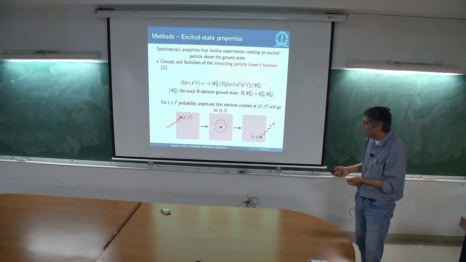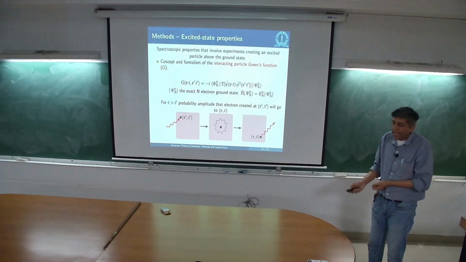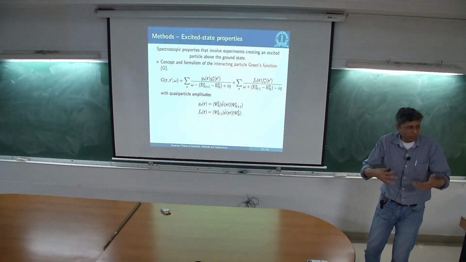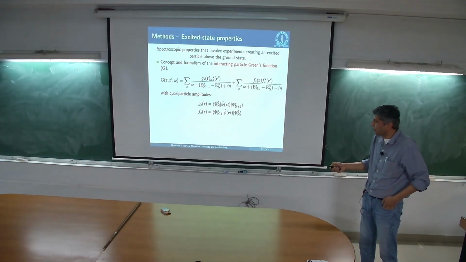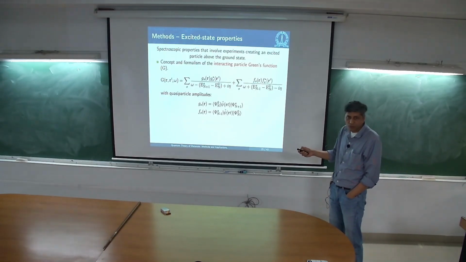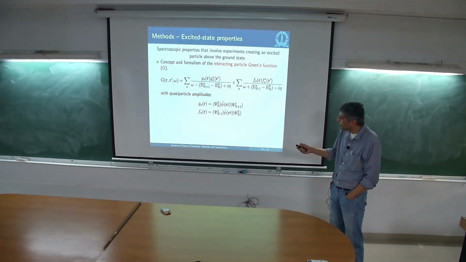So how does one see that? If you take this object and just Fourier transform it, and introduce completion of states and do some algebraic manipulations, you immediately see that the poles of this object contain this energy difference.